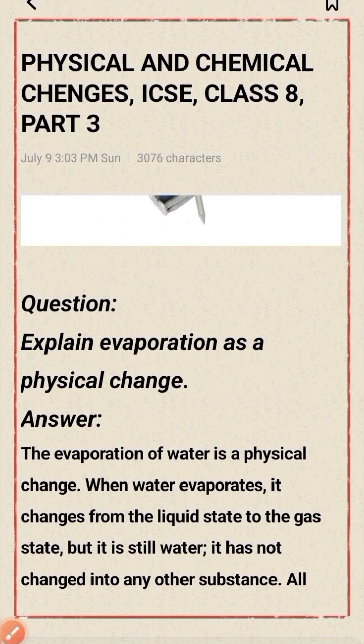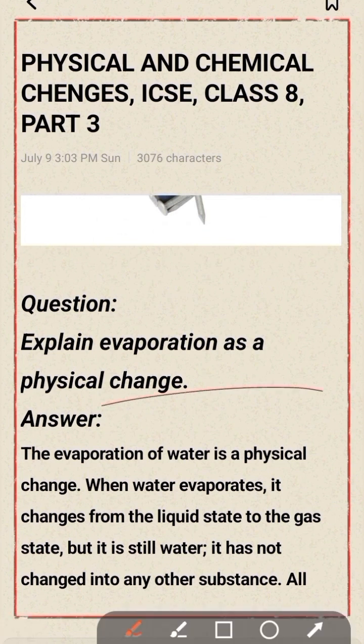Explain evaporation as a physical change. Okay, the evaporation of water is a physical change. When water evaporates, it changes from a liquid state to the gaseous state, but it is still water. It has not changed into another substance.